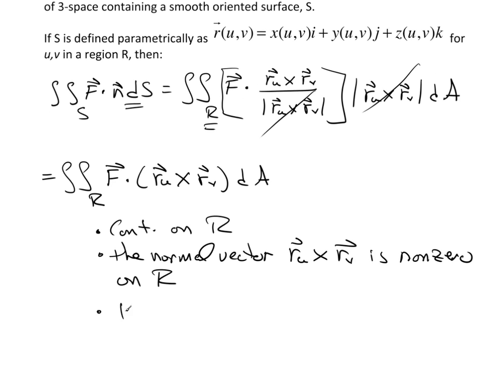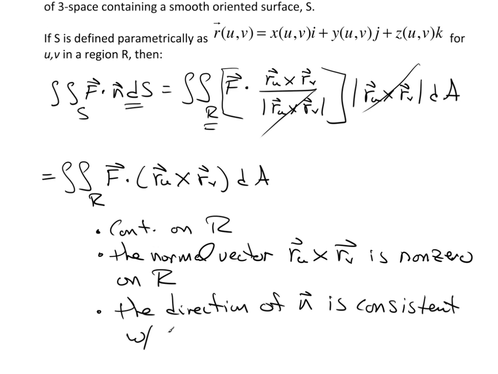And the direction of this normal vector is consistent with the orientation of S. So we have an orientable surface to begin with, and the direction of n is consistent with that orientation.